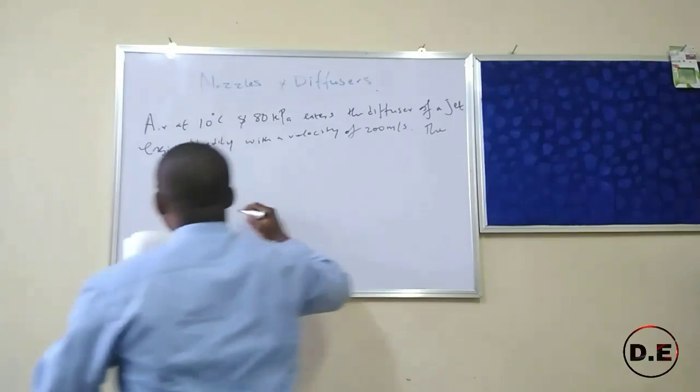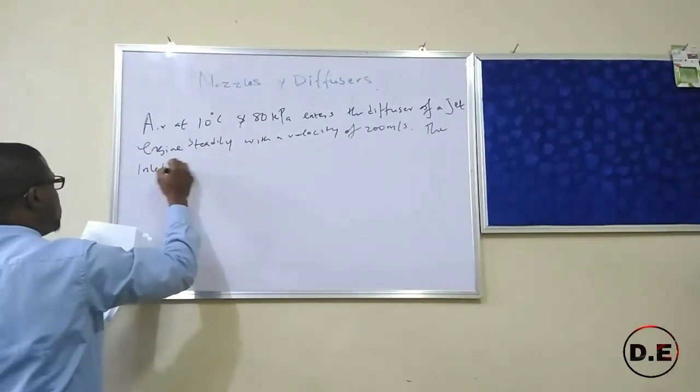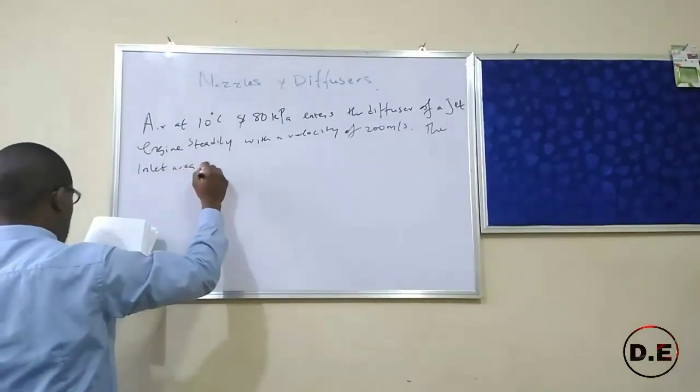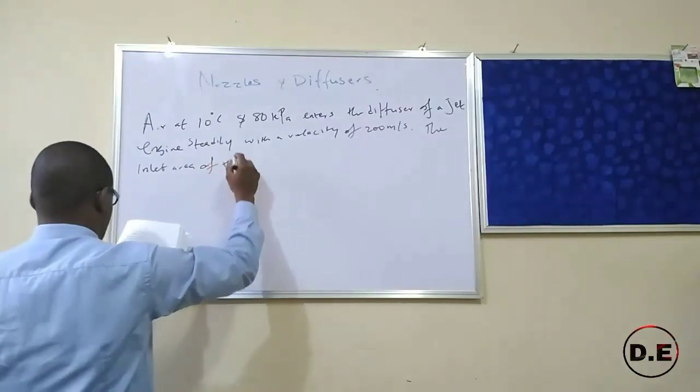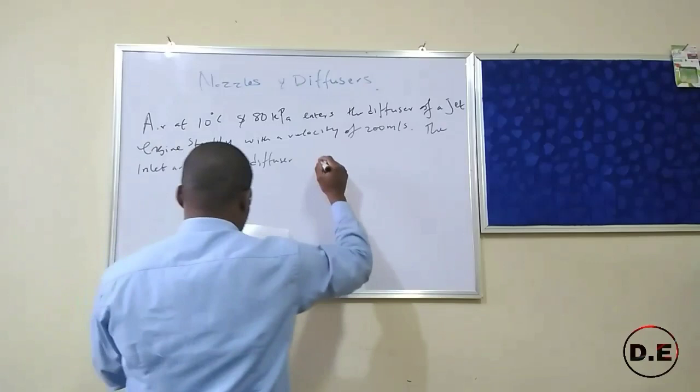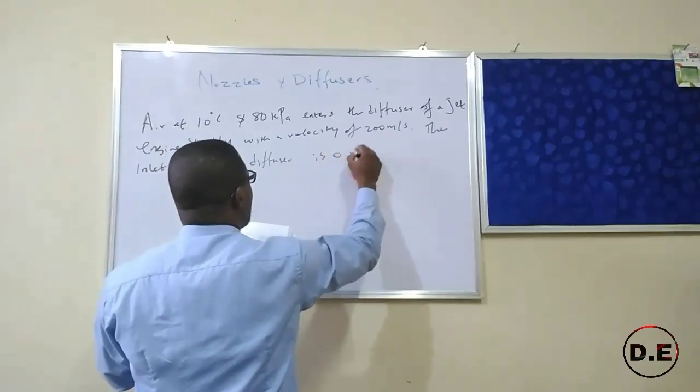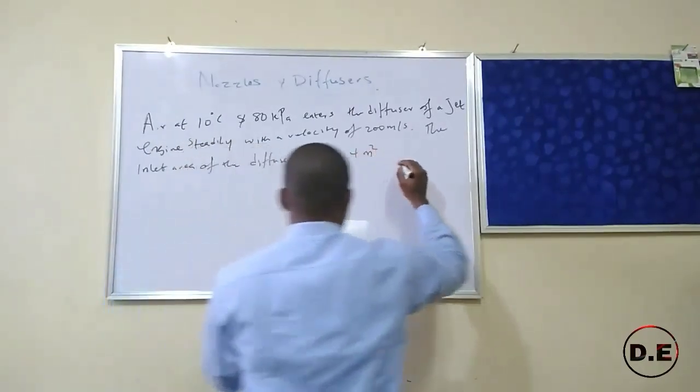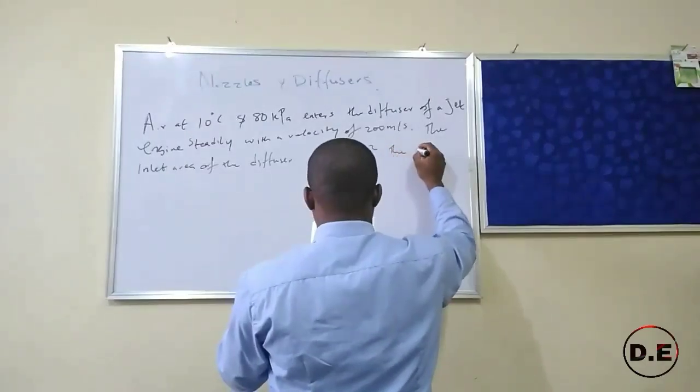The inlet area of the diffuser is 0.4 meters squared.